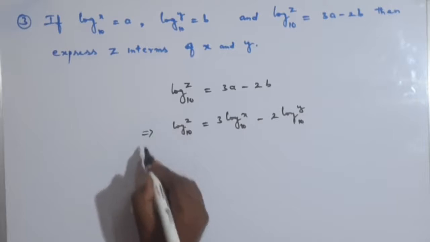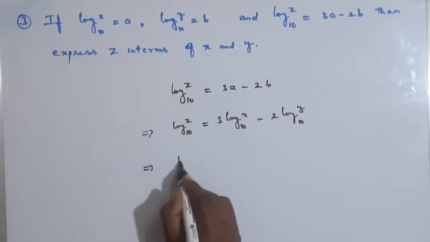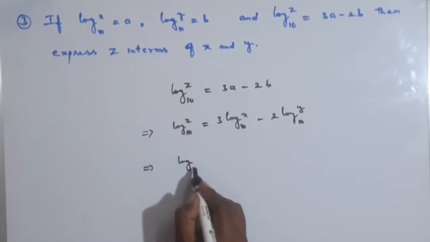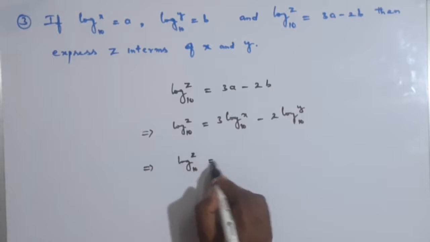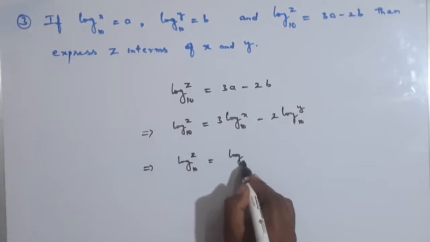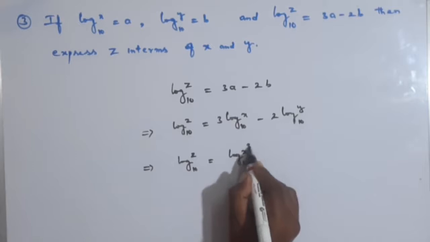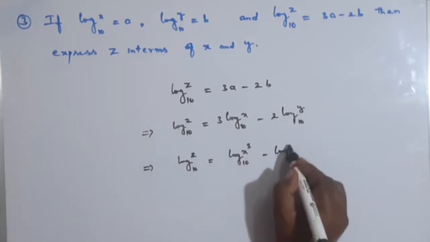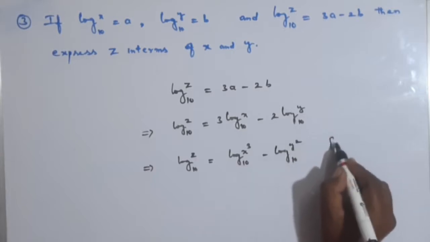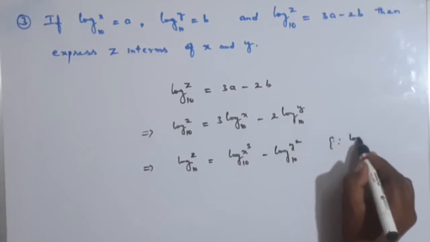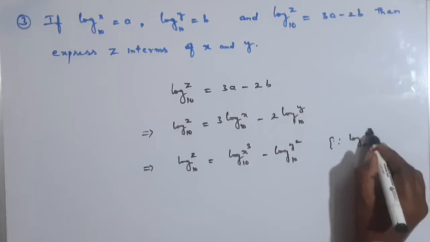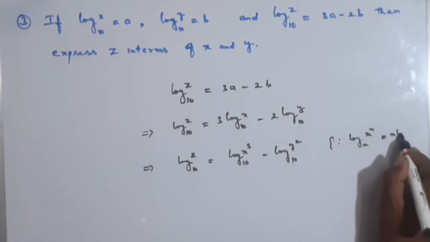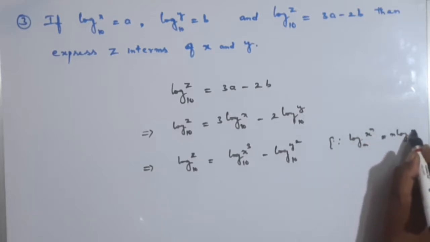Which implies log base 10 to z equals log base 10 to x cube minus log base 10 to y square, by the formula log base a to x to the power of n equals n of log base a to x.